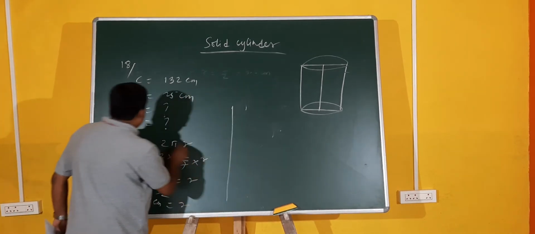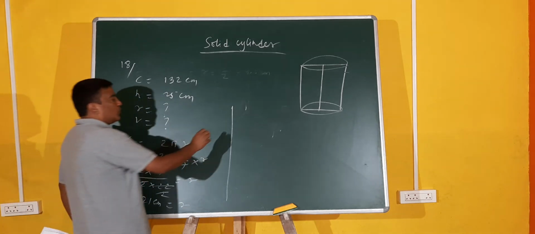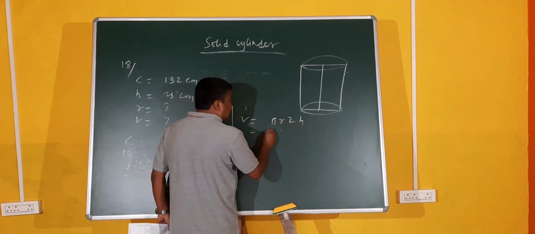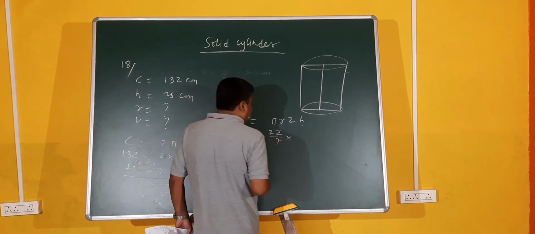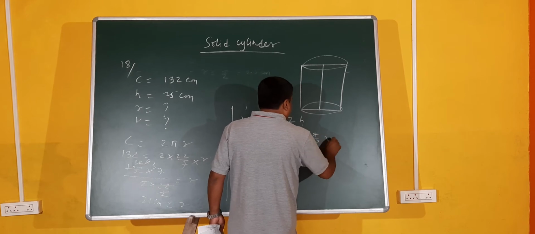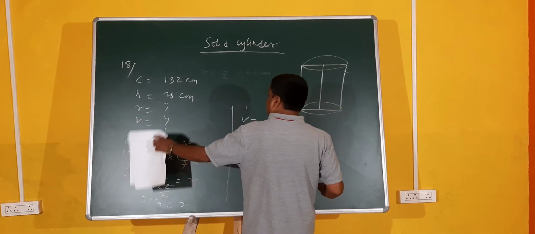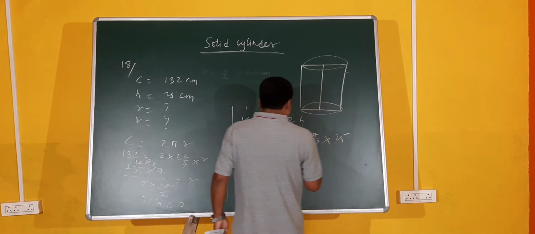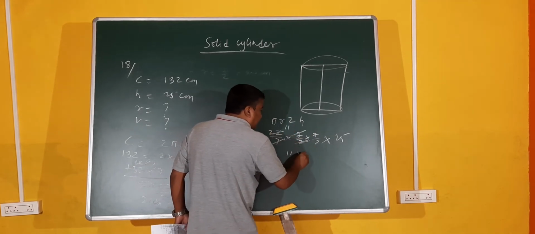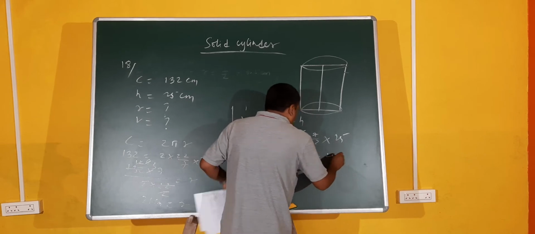After getting radius, second question is volume. Volume equals pi r square h. The value of pi is 22 by 7 and the radius is 7 by 2 into 7 by 2 into height 25. This and this cancel. So 11 into 7 into 25.